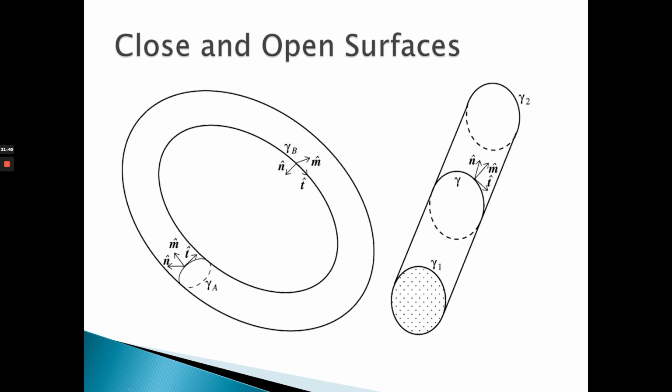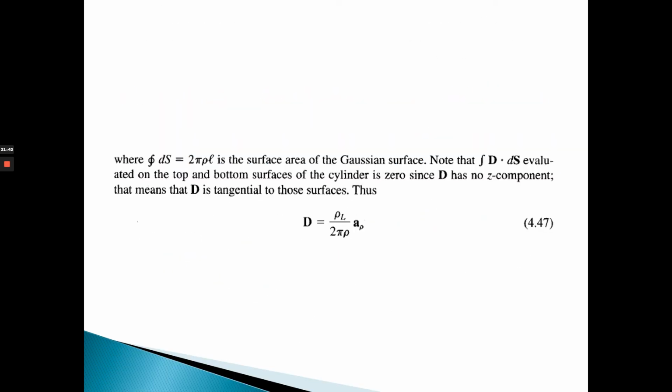So these are the values we know so far for the line charge and the point charge. It's the same for Gauss's law and also for Faraday's law.